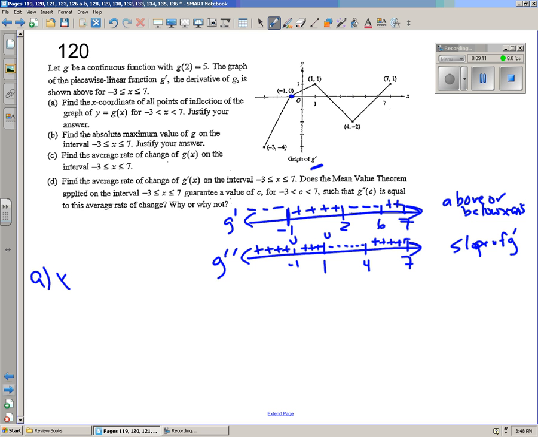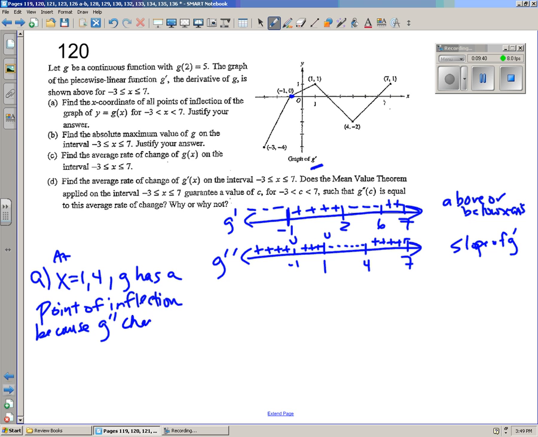So at x equals 1 and 4, g has a point of inflection. I shouldn't say f, I should really say g has a point of inflection, because g double prime changes sign.